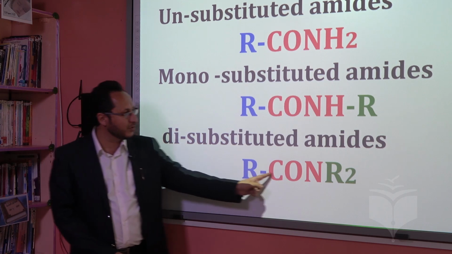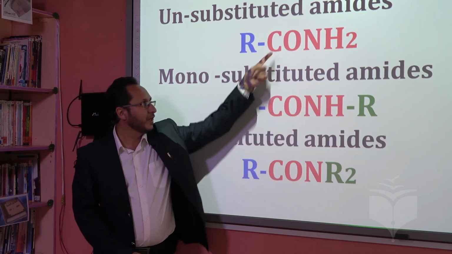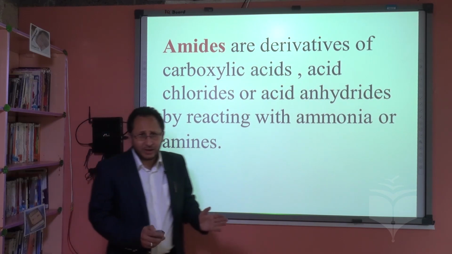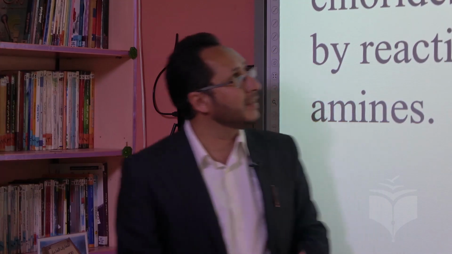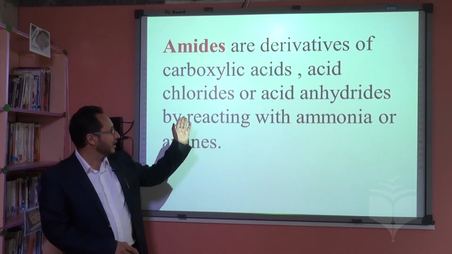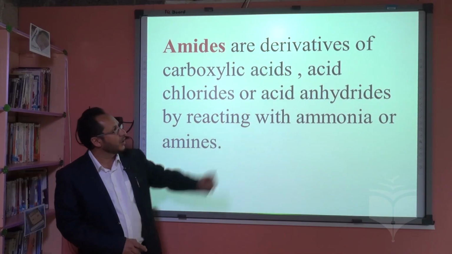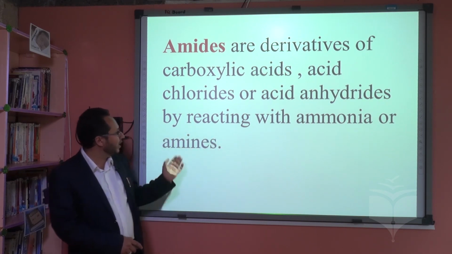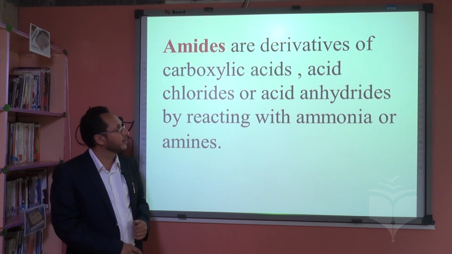So you have to focus on this functional group. It is for the amides. Now, what are the amides? Amides are derivatives of carboxylic acid or acid anhydrides, by reacting with ammonia or with amines.